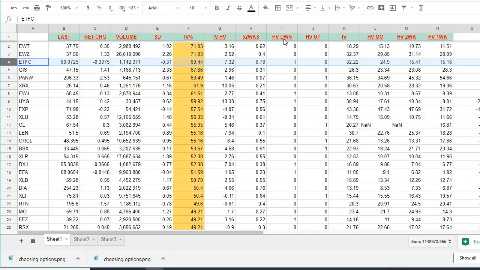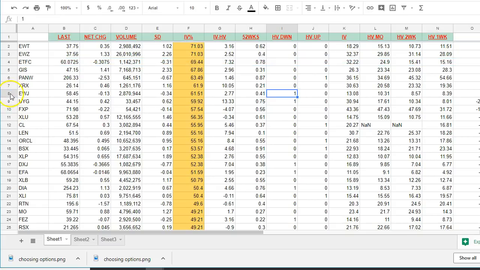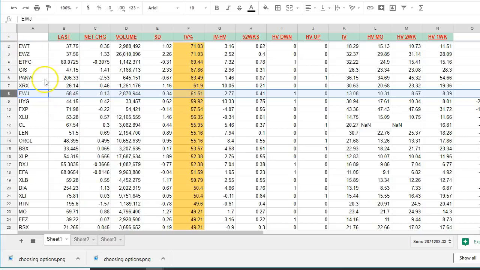So this is how you find options. This line, this thing right here, is good. The next one is this EWJ. Now, when you trade all of these, I encourage you to do all of this in your paper account so you get a hang of this. You'll notice there are some stocks, like for instance, this guy, EWJ.